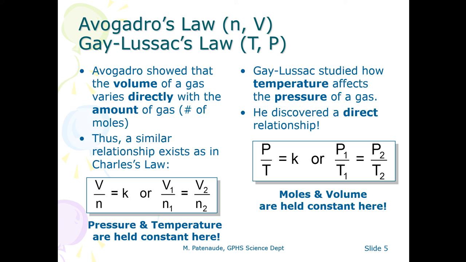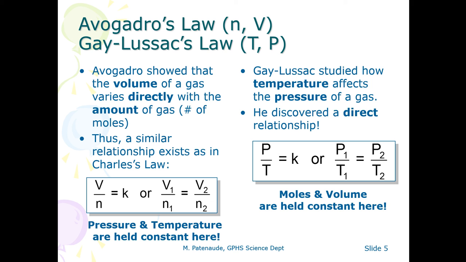You're expected to know the names of the laws, the variables involved, the variables that are held constant, whether they're direct or inverse relations. You should know the algebraic interpretation of each law, and you should be able to understand something about the graphical interpretations. So, for example, if I mention Avogadro's law, you would know that that's moles and volume being studied.